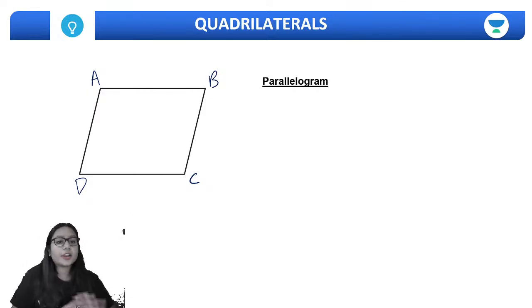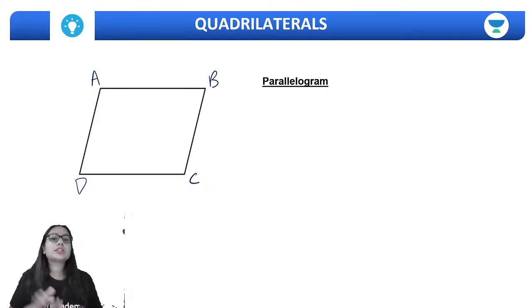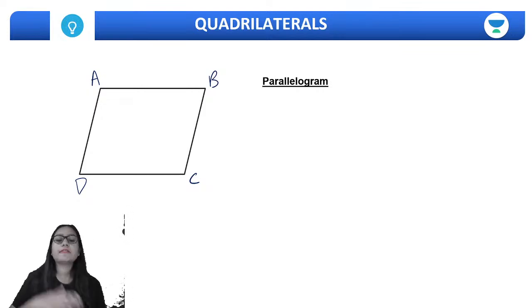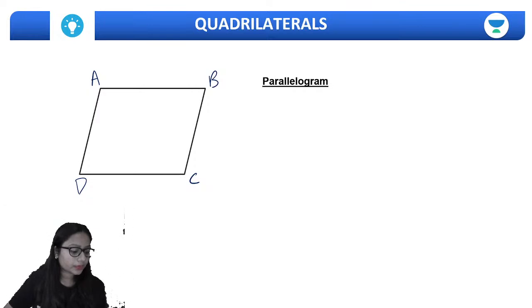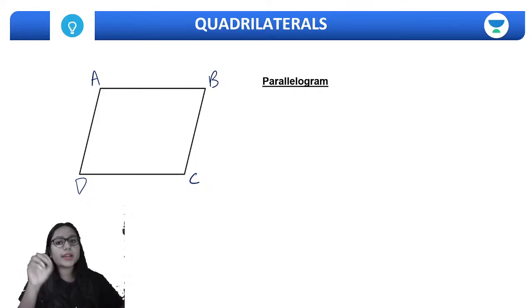In this class, we are not going to do any questions. We are just revising all the basic concepts. I'll be taking classes on lines and angles, quadrilaterals, triangles, circles separately also later. But this is just a refresher class for all the basic concepts. So in this class, I'll be covering quadrilaterals and polygons. Circles I won't be doing today.